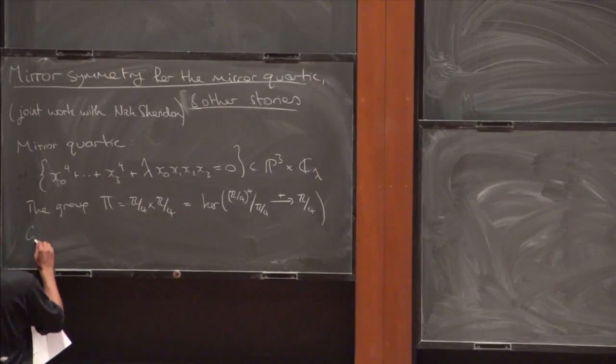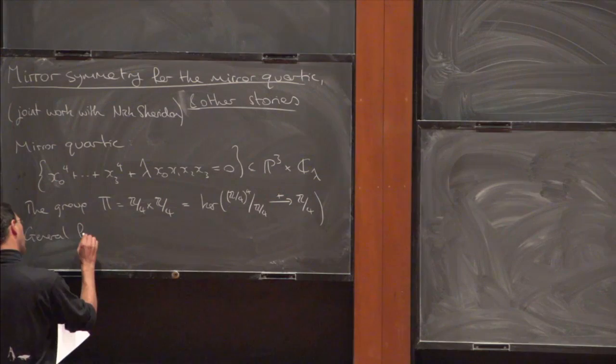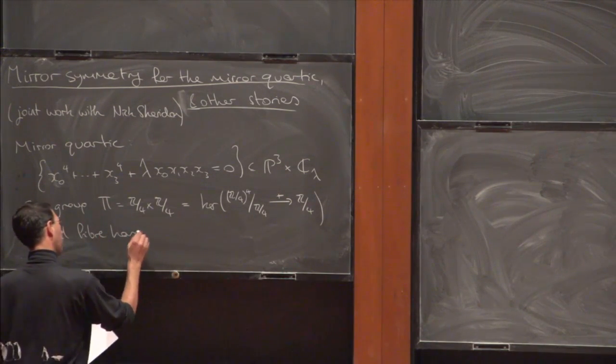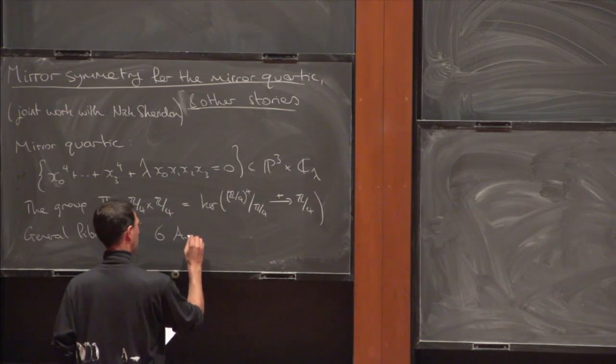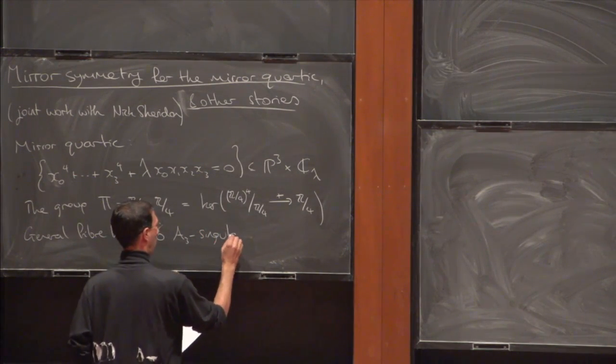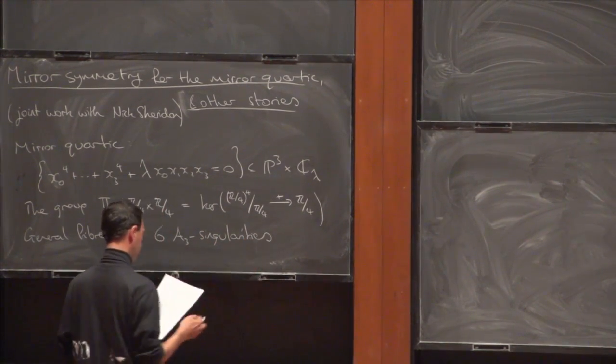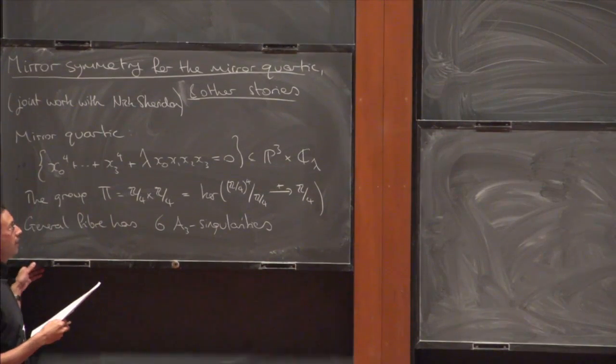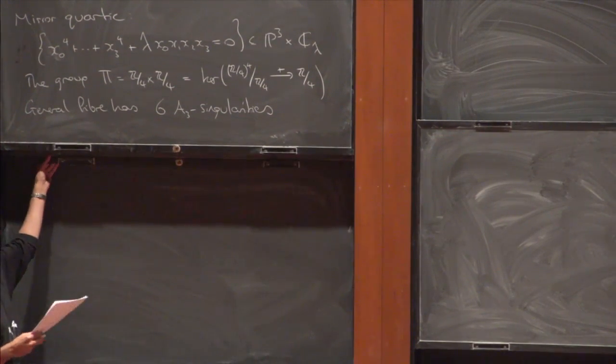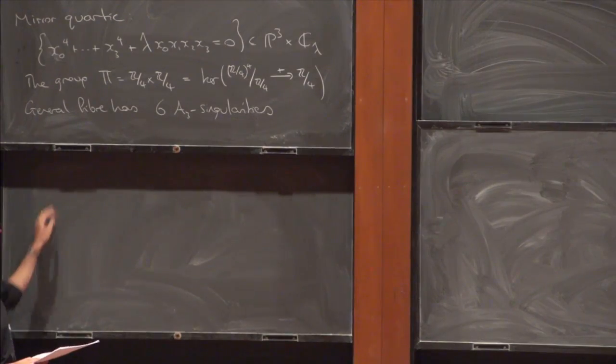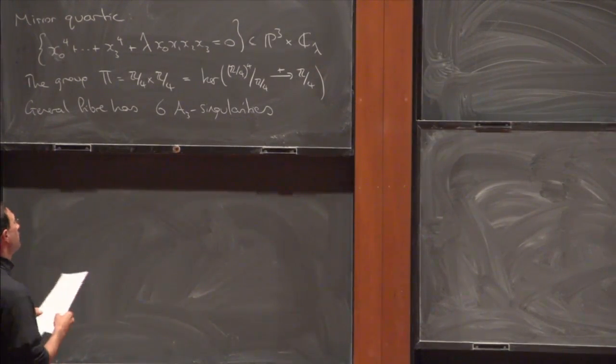So the general fiber has 6 A3 singularities, and we'll resolve those. We'll replace each of those singularities by a chain of 3 rational curves.